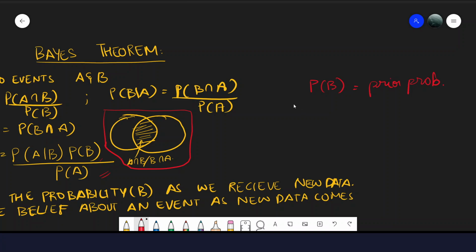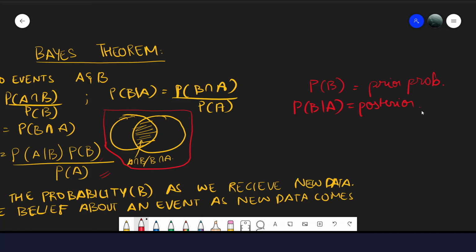P of B given A is called the posterior, right? So given that the event A has occurred, what is the probability of the occurrence of B? That is, post the additional information that A has occurred, what is the estimated probability of the occurrence of B?